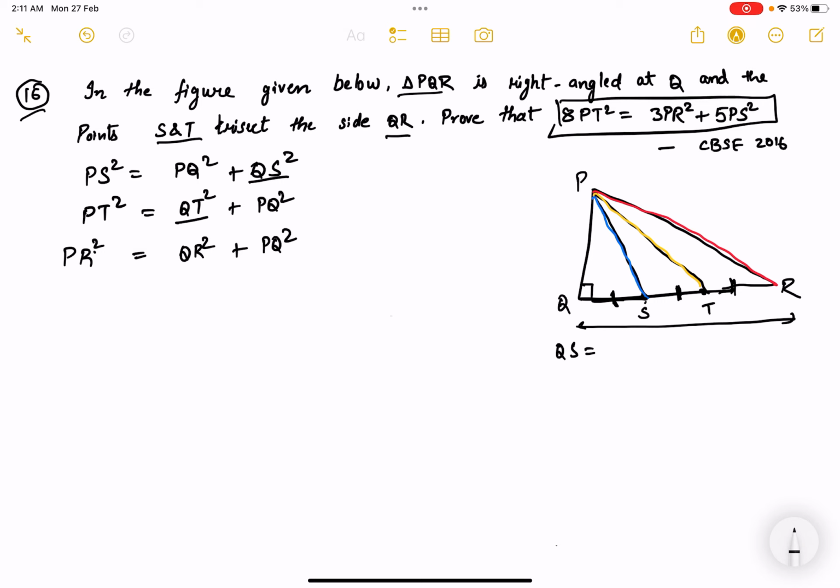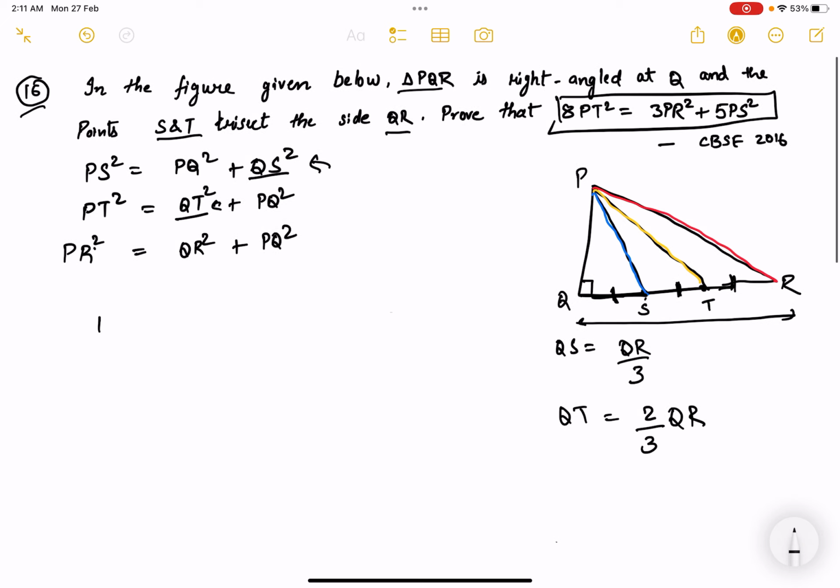QS is the first part, so it is 1/3 of QR. And QT is equal to 2/3 of QR. So we'll substitute these values of QS and QT in equations 1 and 2.